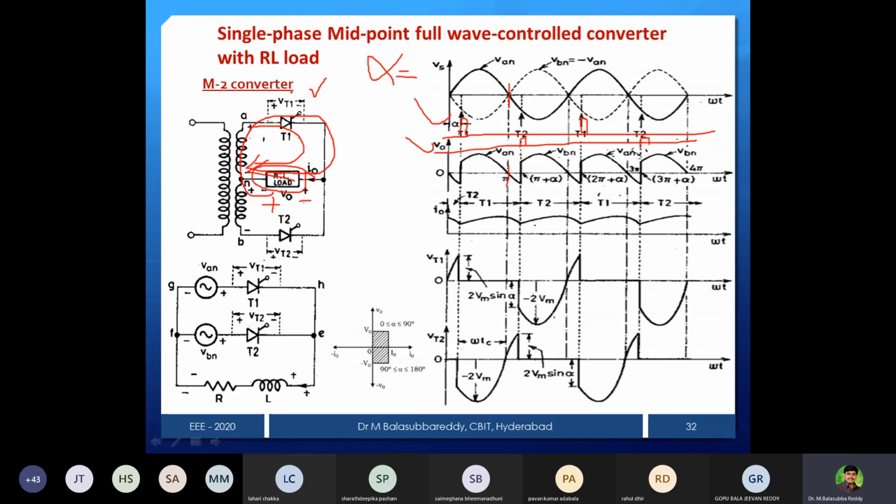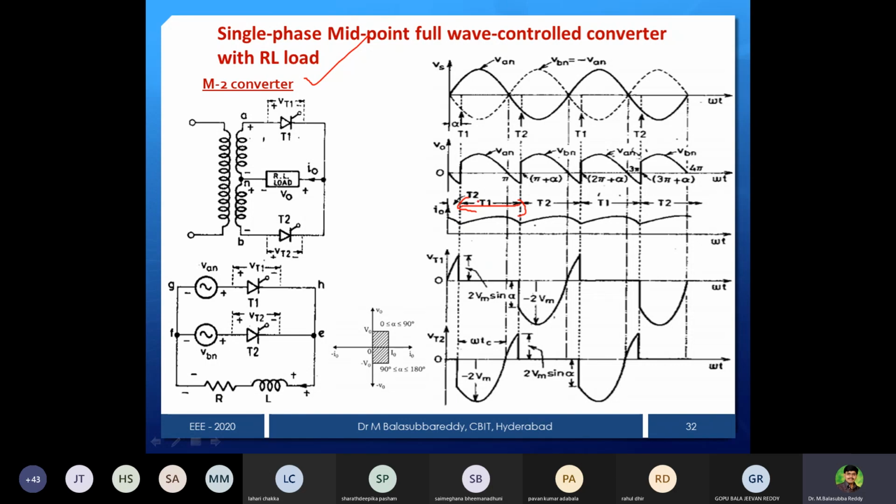So the thyristor remains on. If it remains on, our output voltage is the same as the source voltage. So that is the voltage we get. Once it reaches pi plus alpha, whatever energy stored in the inductor is dissipated completely, and then thyristor T1 will be off. That's why I mentioned T1 starts at alpha and ends at pi plus alpha.